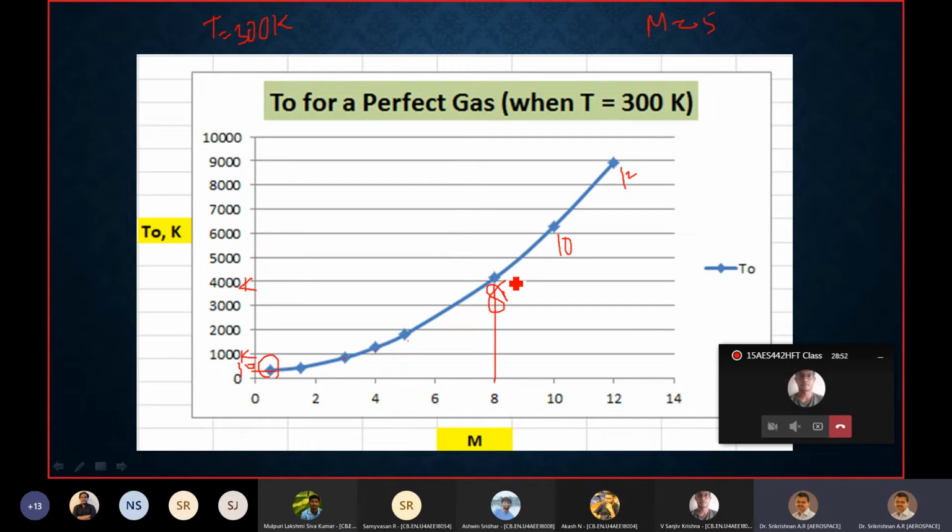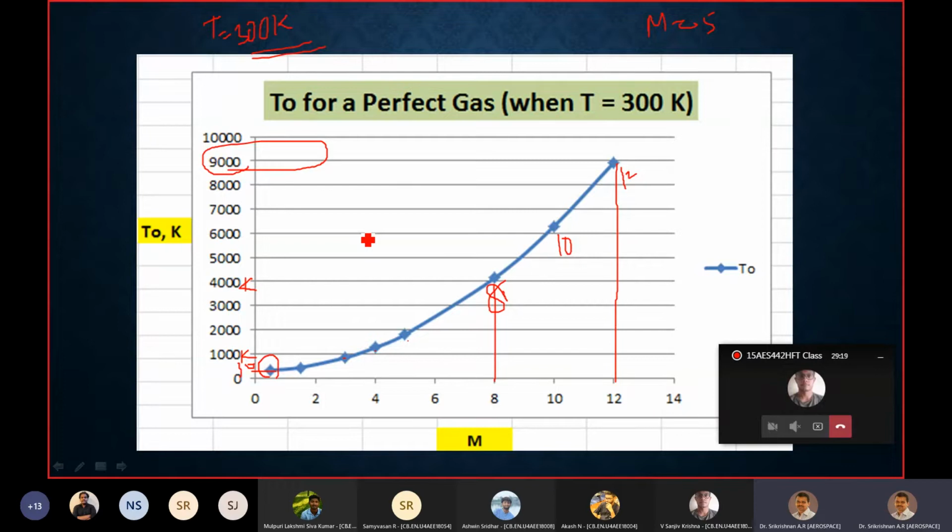If you bring Mach 12 flow to standstill, to stagnation conditions adiabatically, you will end up with a huge temperature of 9000 K, starting from a static temperature of 300 Kelvin. So that's the kind of high temperatures that you will encounter in hypersonic flows.